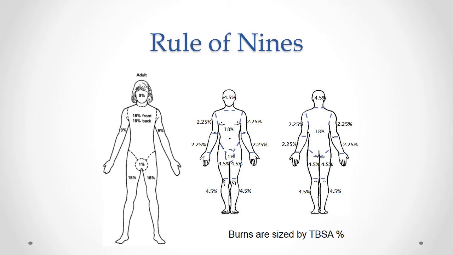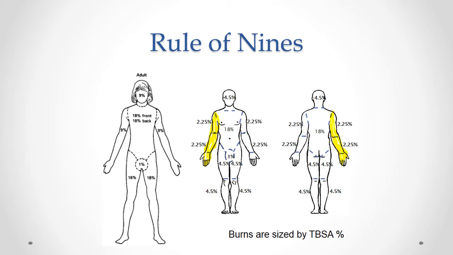Wrong, okay? So when you're looking at the rule of 9s, it's very important that you remember that the whole arm is 9. All right, so if you were only going to be dealing with the front of an arm, what you're dealing with is basically 4.5. Okay, so that's just 4.5. Now, if we had the back of the arm also, then we're at 9. Okay, and remember that includes the hand.